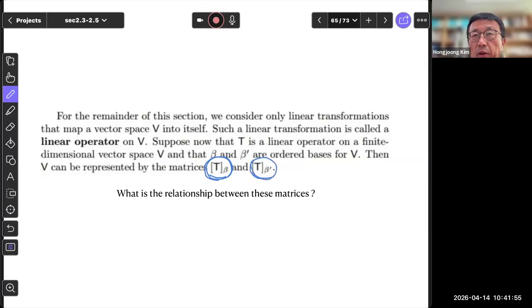The second one is a matrix representing the transformation T when beta prime is used as a basis for the domain and codomain. Now, the question is: what is the mathematical relation between these two matrices?